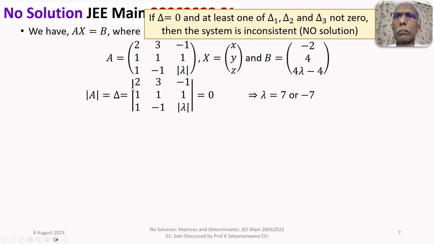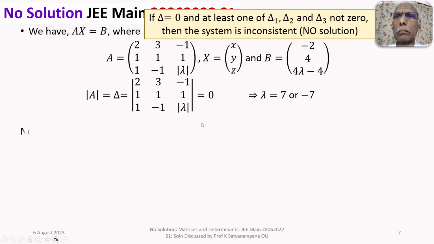If you take delta 1, the first column is replaced by column vector B, which consists of lambda, and the third column also consists of mod lambda. So there will be lambda and mod lambda, and the situation may be a little bit difficult. So also delta 2 we don't consider. Delta 3 we will consider because the third column, minus 1, 1, mod lambda, is replaced by minus 2, 4, 4 lambda minus 4. And if you take its determinant, you will get a value for lambda.